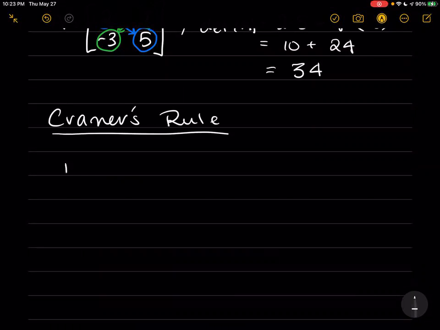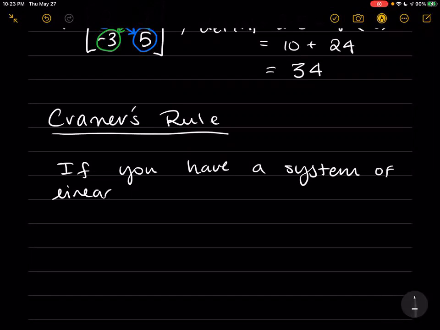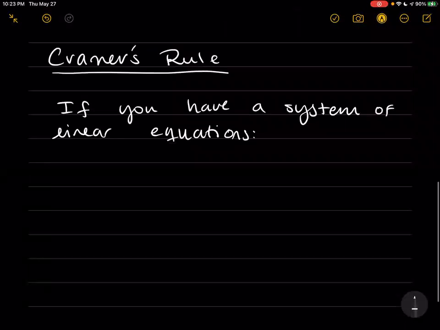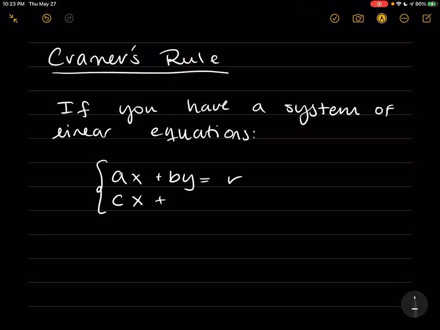So if you have a system of linear equations that looks something like ax plus by equals some number r, where x and y are variables and a, b, and r are numbers, and the second equation is cx plus dy equals s, where c, d, and s are whatever numbers.